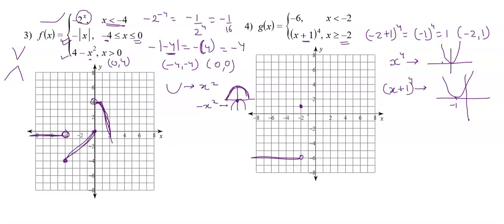It has to be x greater than minus 2, so we'll take all the values which are greater than minus 2. So the graph looks like this. And when x is 0, y is 1. When x is 2, y is 81. So it is very sharp. When x is 1, y is 16. Nature is like quadratic, so it goes up like this. Let's move on to the next question. Question number 5.